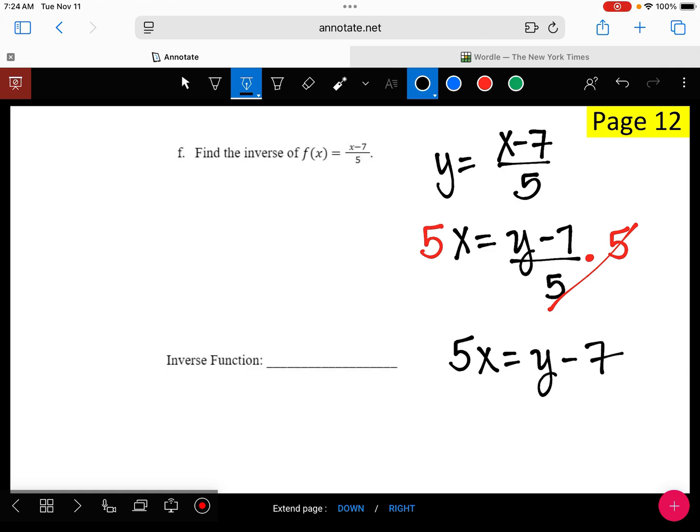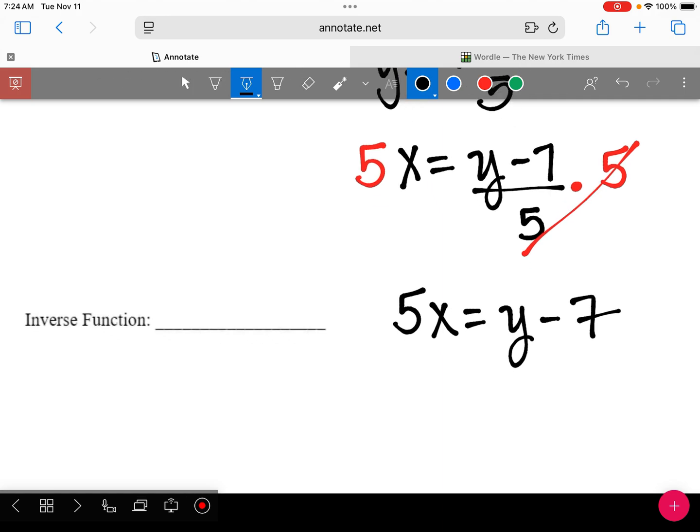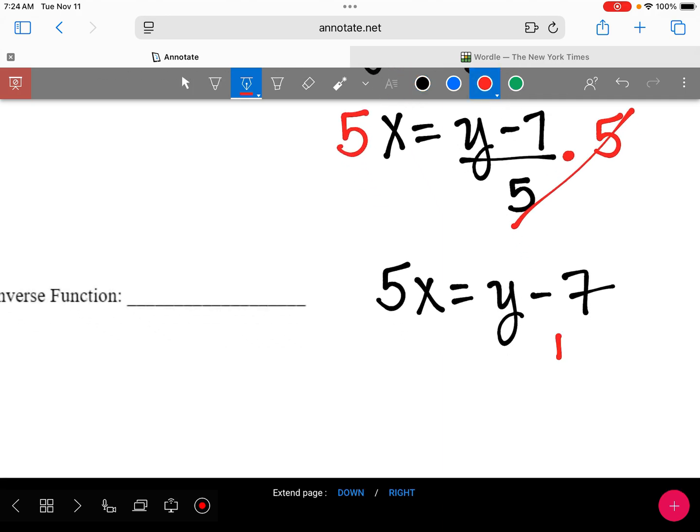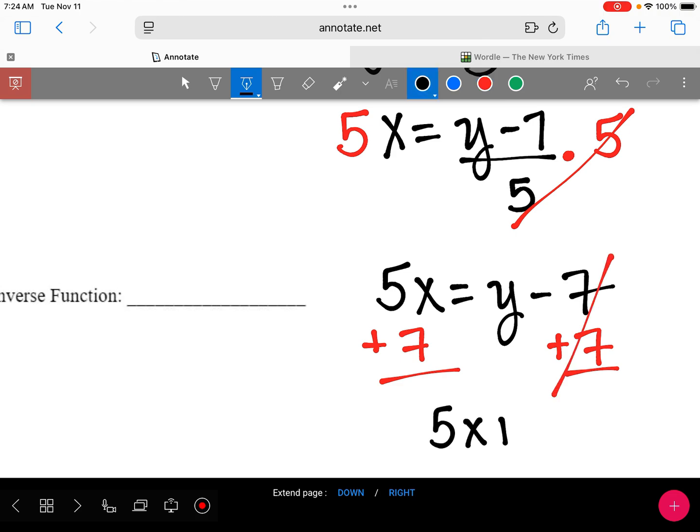So 5x equals y minus 7. And now to get rid of the -7, we're simply going to add 7. So I have 5x plus 7 equals y.